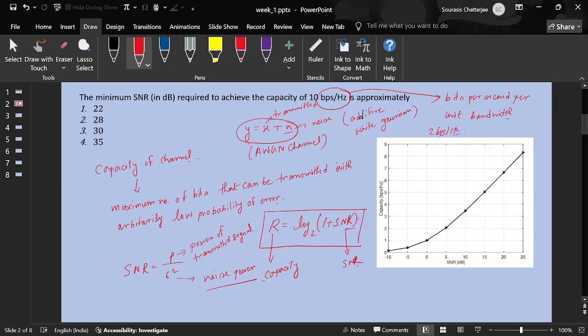And what will happen if I increase the noise power, this sigma square term? It also decreases. Okay. So at a high level, if I want to increase the capacity of a channel, I need to increase the SNR, right?